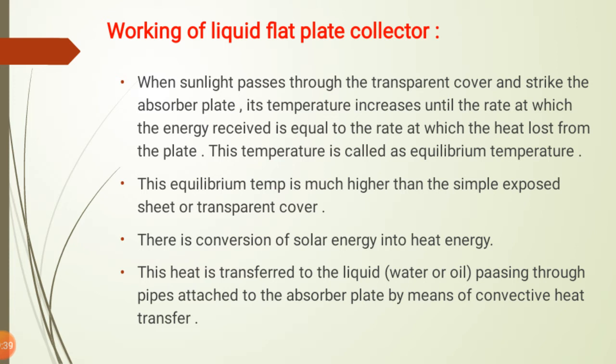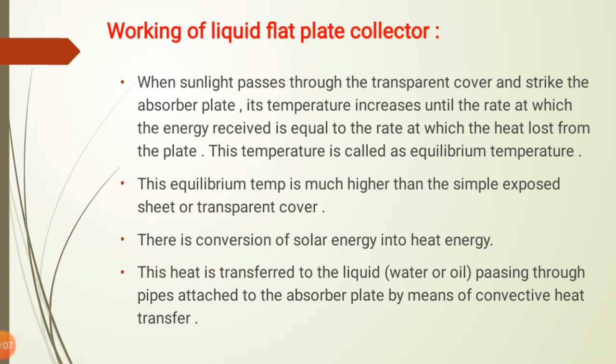This equilibrium temperature is much higher than that of a simple exposed sheet or transparent cover. Sheet means the absorber plate, on which the radiations are incident at a particular instant. So the temperature of the transparent cover or the sheet is less than the equilibrium temperature.